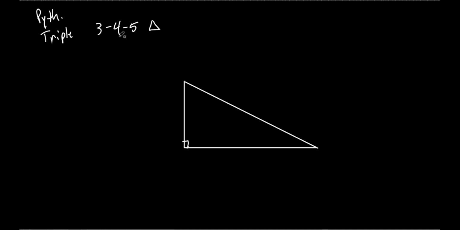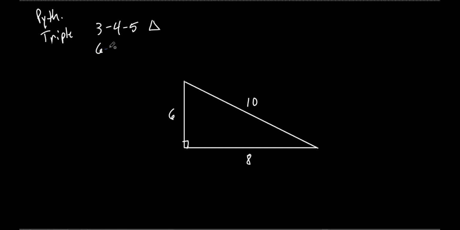Let's find some offshoots of a 3, 4, 5 triangle Pythagorean triple. So, for instance, what if I said this was 6 and this was 8? It would be 10. Very good. Right? Because what did we just do to all the sides? We didn't add 2. Okay, we doubled it. I doubled 3, and I doubled 4. So what am I going to do to 5? I'm going to double 5.